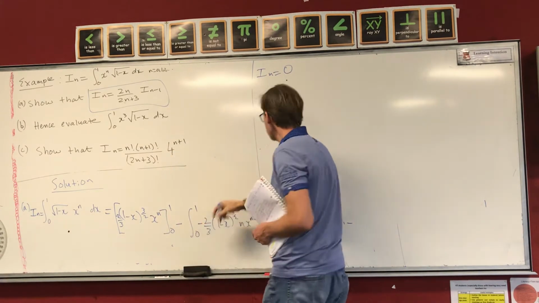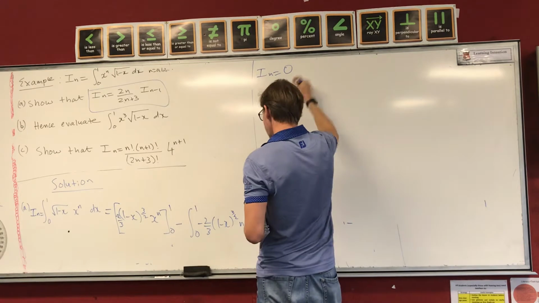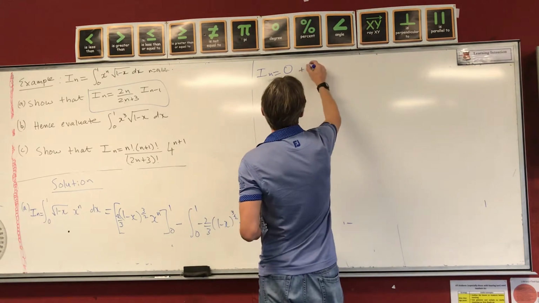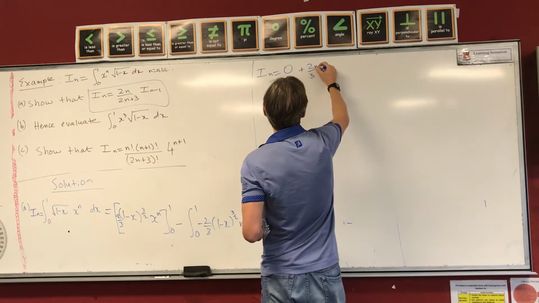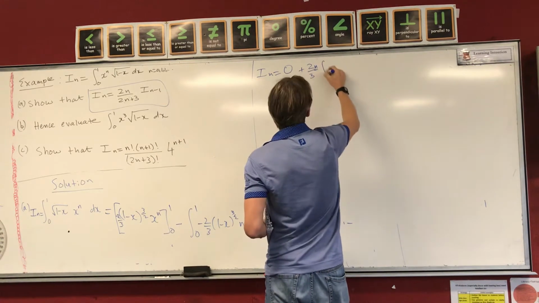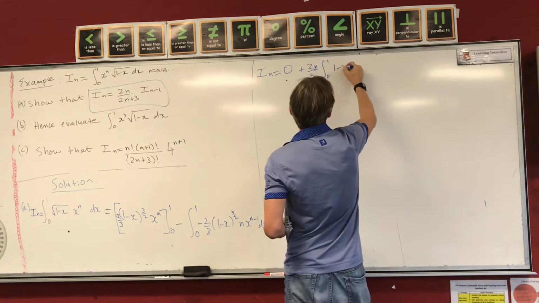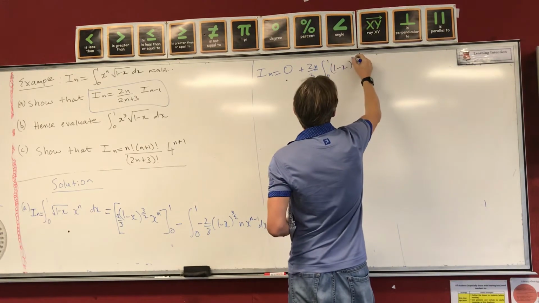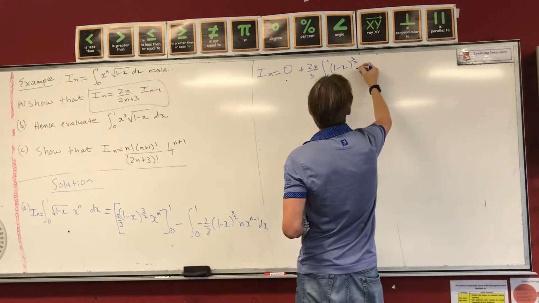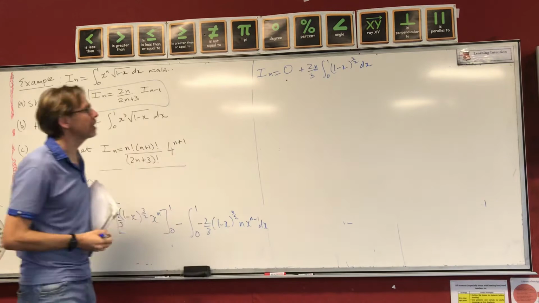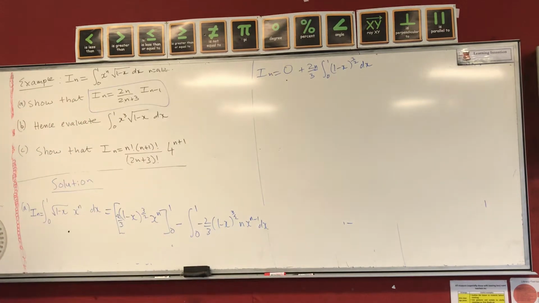Now, the two minuses become a plus, and also the n and the 2 thirds can come out as a constant. So you're going to get plus 2 thirds, or 2n on 3, integral from 0 to 1, 1 minus x to the 3 on 2 dx. Okay, that's looking good so far.